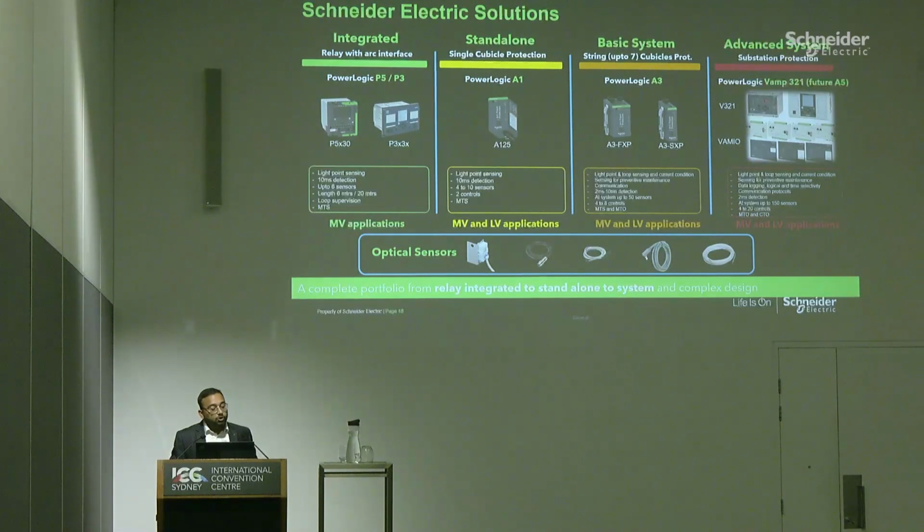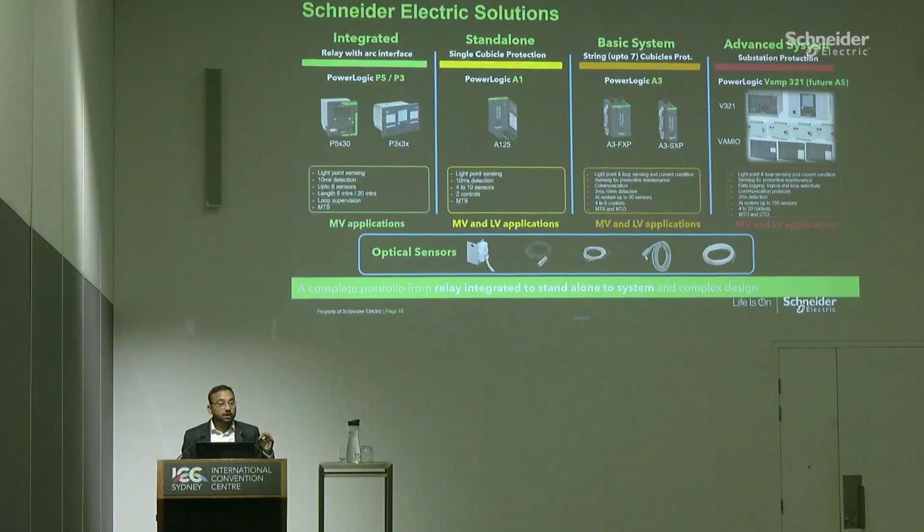So there are also optical sensors which you can see down below. Categorically, there are two types of sensors. One is a point arc sensor, which is the first one with a white pen-like shape. This is a point arc sensor which has a viewing angle of 270 degrees.